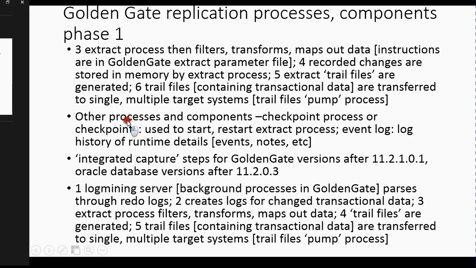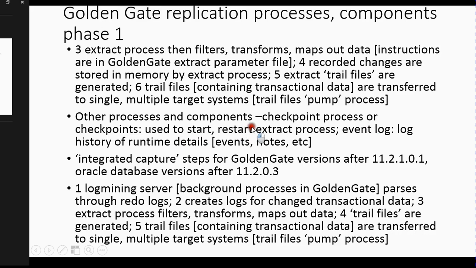Among the other processes that are part of the source database system, you also have a checkpoint process, also just called checkpoints. These are used to restart the extract process in case there's a failure.